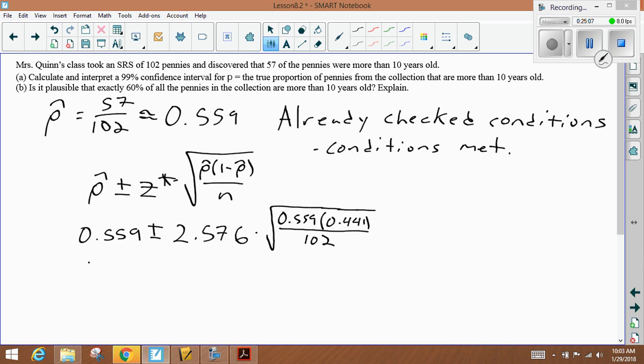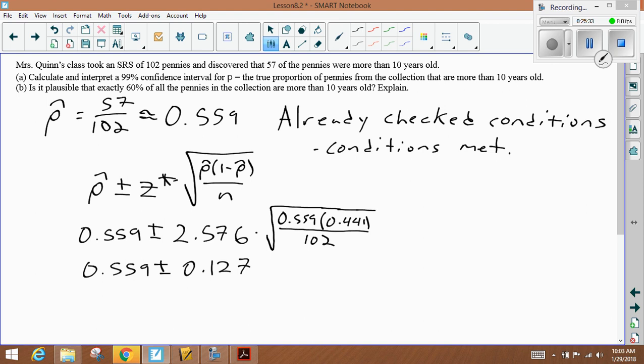So that value is approximately 0.1267. Let's go with 0.127.